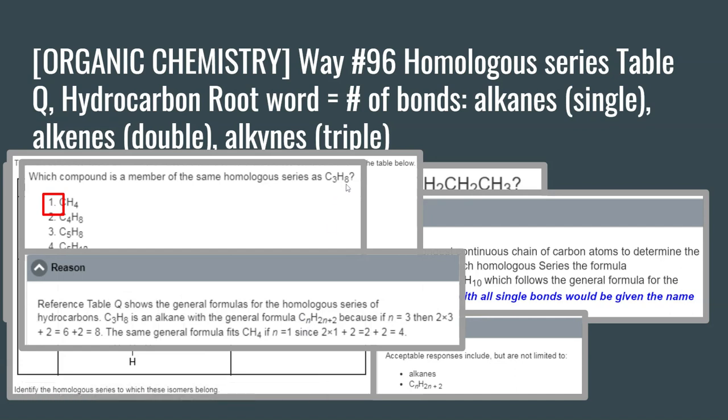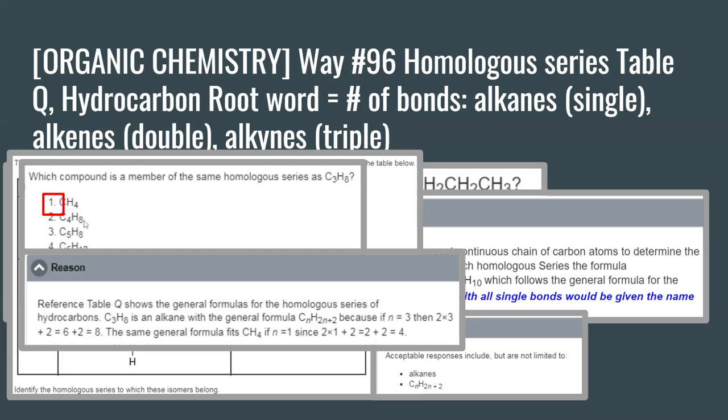When we multiply 2 by 3, we get 6, and then we add 2, we get 8. So in general, this is an alkane. Which one of these is also an alkane? Well, it should also follow this formula of CnH2n+2. And when n equals 1, 2 times 1 is 2, and 2 plus 2 is 4, so CH4 is also an alkane.